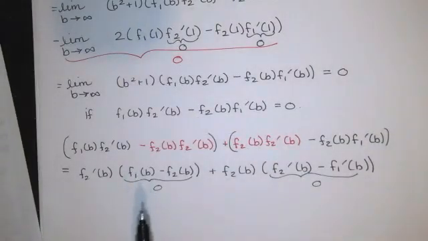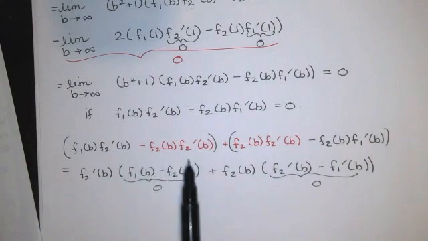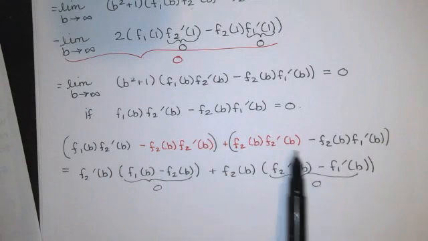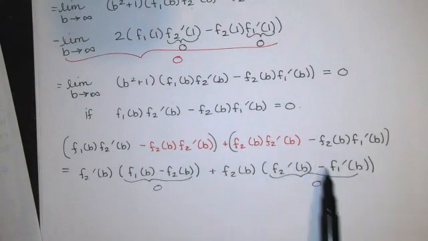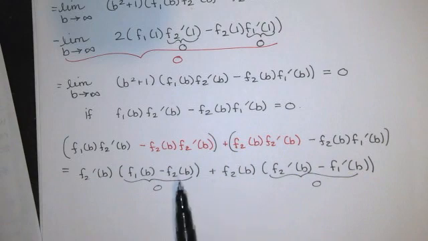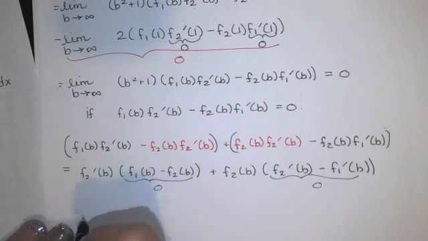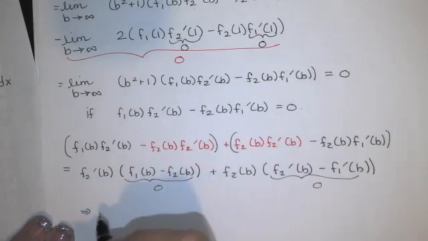As long as those functions all have the same bound, so let's say this goes to 17 as b goes to infinity, and so does this, or this goes to 20 as b goes to infinity, and so does this. As long as those have the same bound, we're good. So that means that my operator L is symmetric.